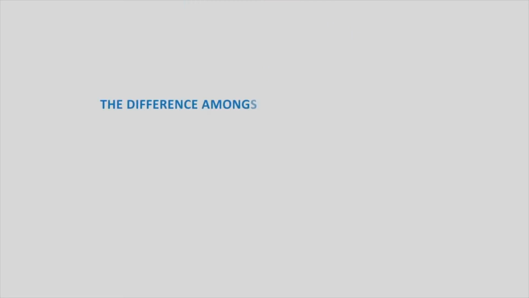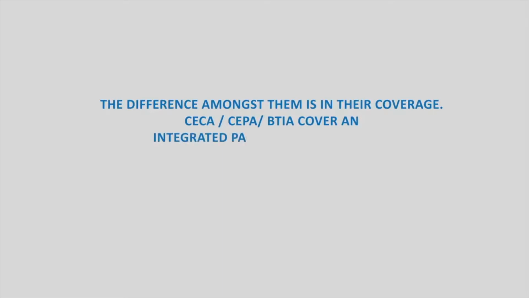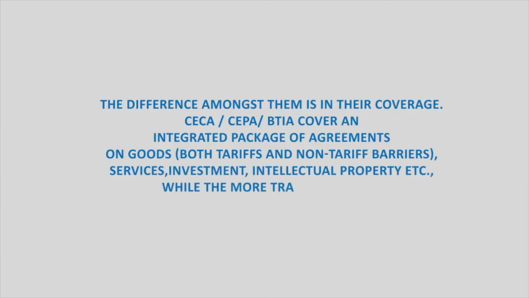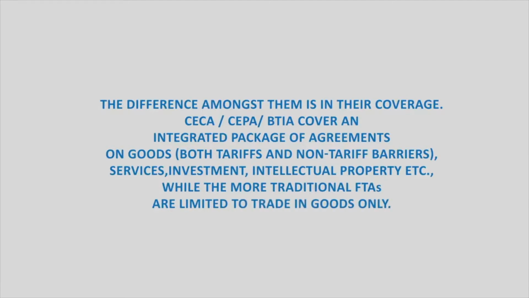The difference among them is their coverage. CECA, CEPA, and BTIA cover an integrated package of agreements on goods, services, investment, and intellectual property, etc., while the more traditional FTAs are limited to trade in goods only.